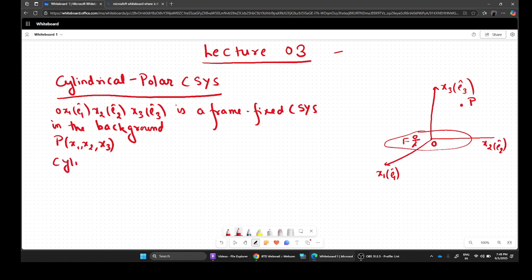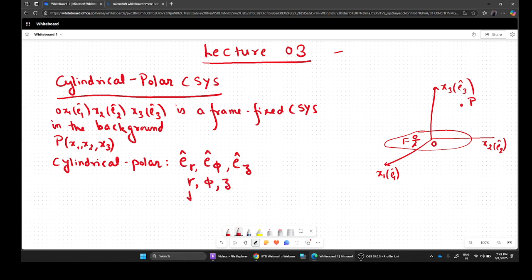For this cylindrical polar coordinate system, the 3 unit vectors that we will have are denoted by these symbols, and the 3 scalar coordinates that will be required to reach point P are r, phi and z.